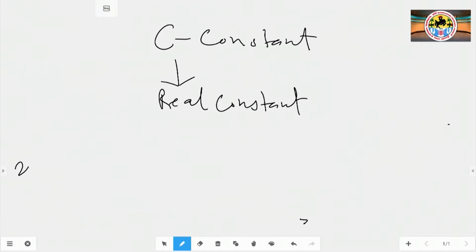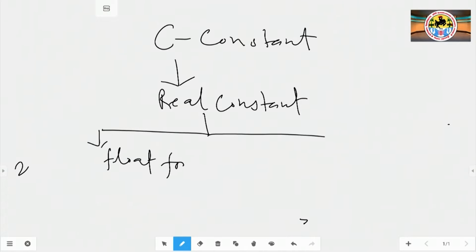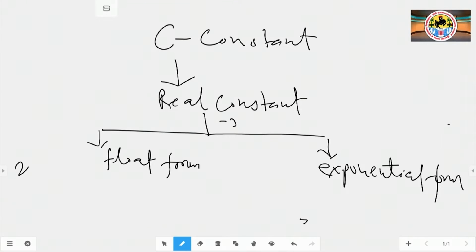Further, we divided real constant into two parts: the float form of the real constant, and the second is the exponential form of the real constant. The range of real constant is minus 3.4 E 38 up to plus 3.4 E 38.